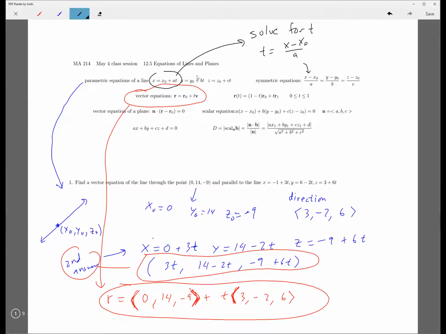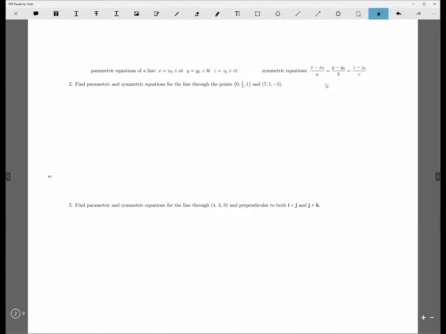So basically take this one, solve for t, you get that. Take that one, solve for t, you get that one. So then all of the t's are always the same, right? So then just make those all equal. And that's what the symmetric equations are.